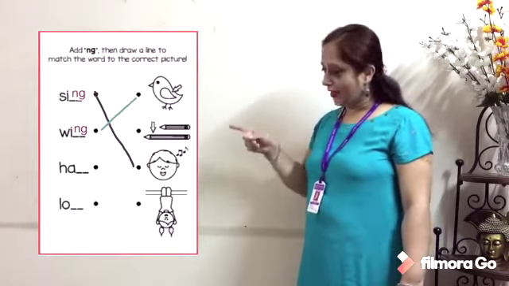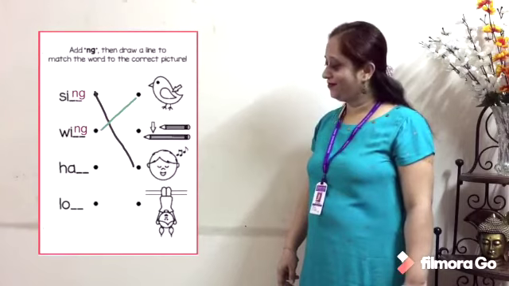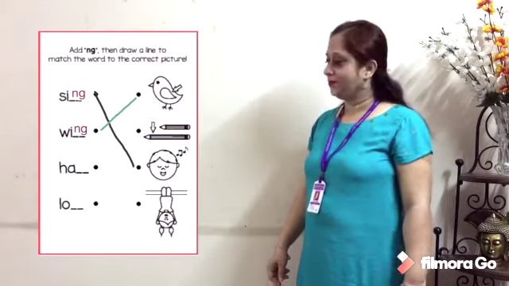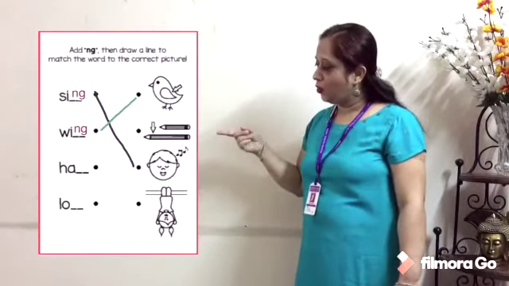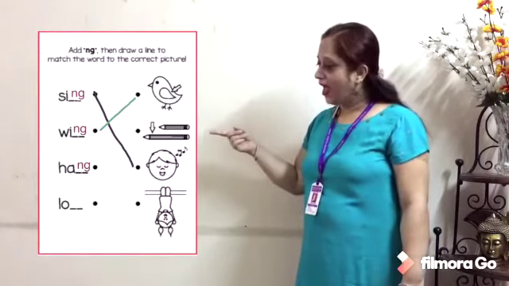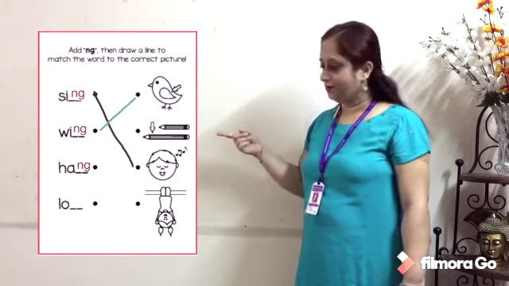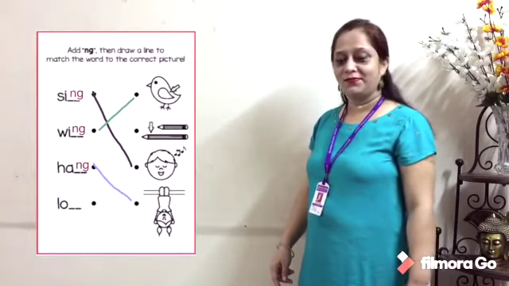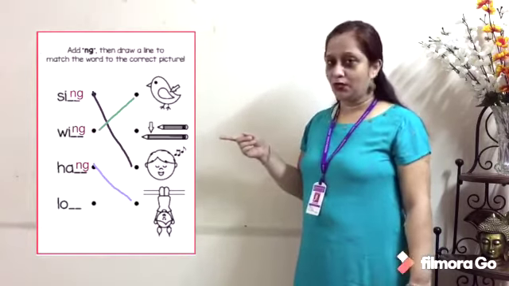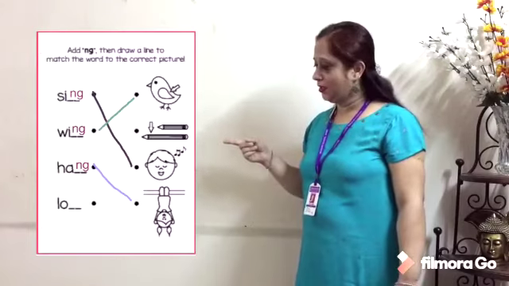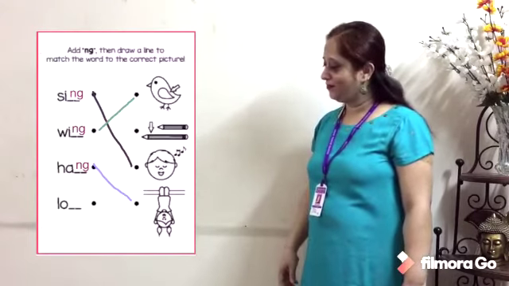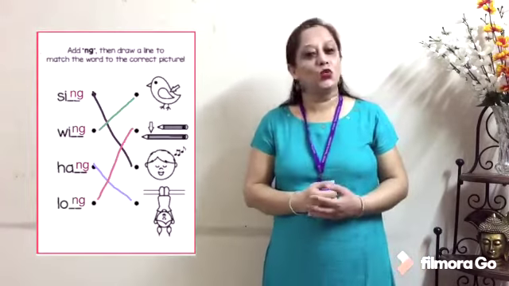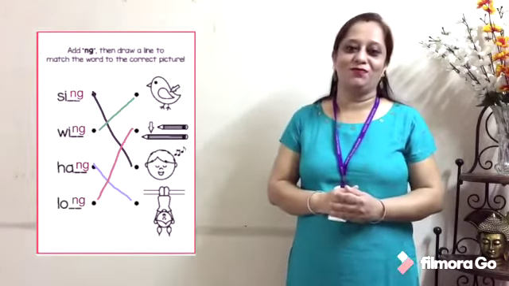Now match the word again with the picture. Next, see. Now hang. Match the word. And the last one. Long. So like this you can do this activity sheet also.